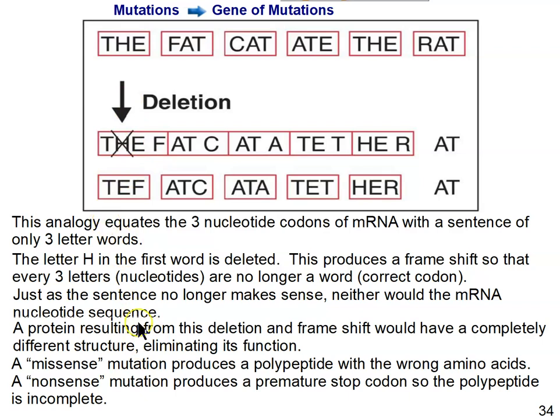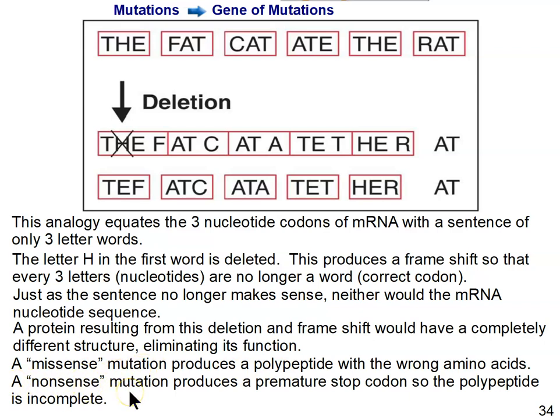But if it doesn't affect the start codon, then simply all the amino acids that go into that protein, or nearly all, would be changed, and we call that missense. So the polypeptide chain would be produced, but it would have the wrong amino acids.